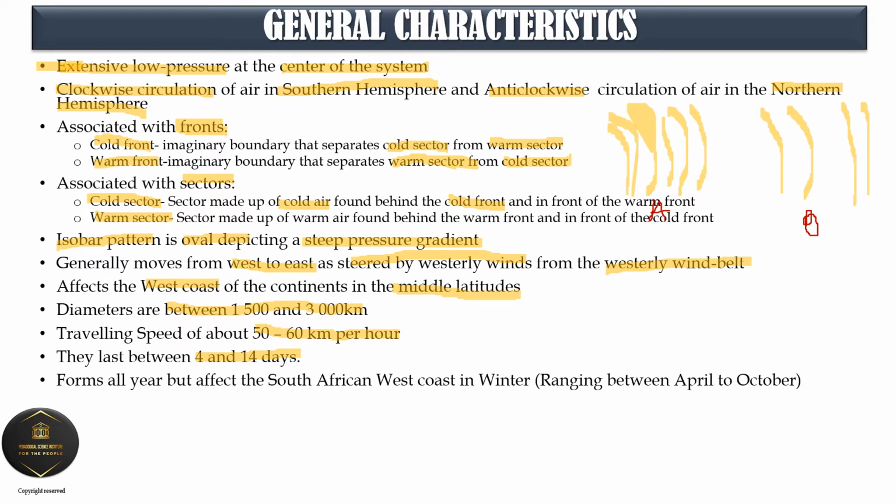Now, we said that the ITCZ moves with seasons, right? Remember, I drew a diagram like this to say, if this was the sun, and this was the earth, and remember, the earth is at an angle, the angle is 23.5 degrees, and that was the equator.